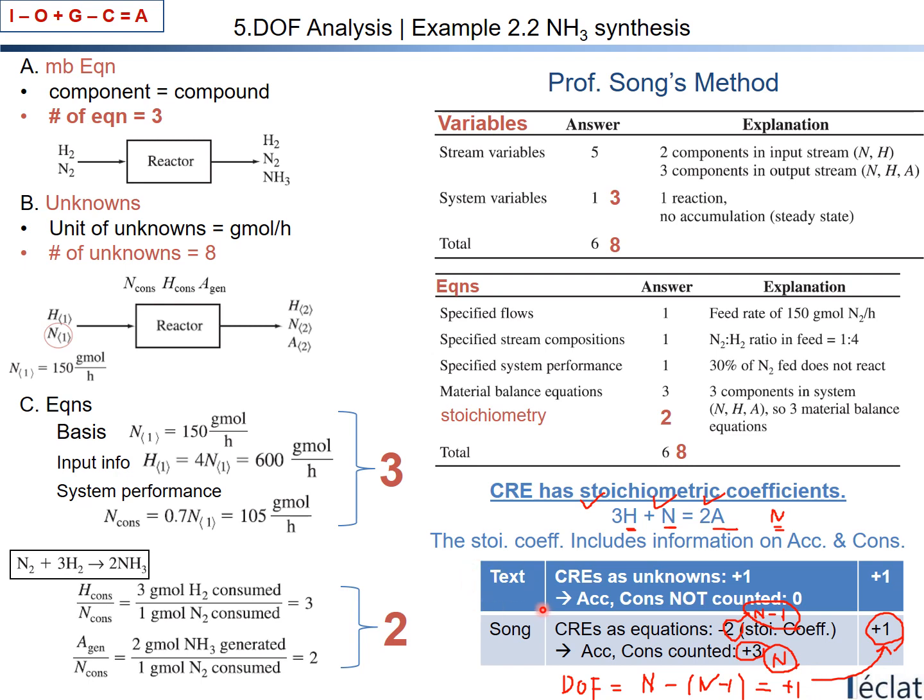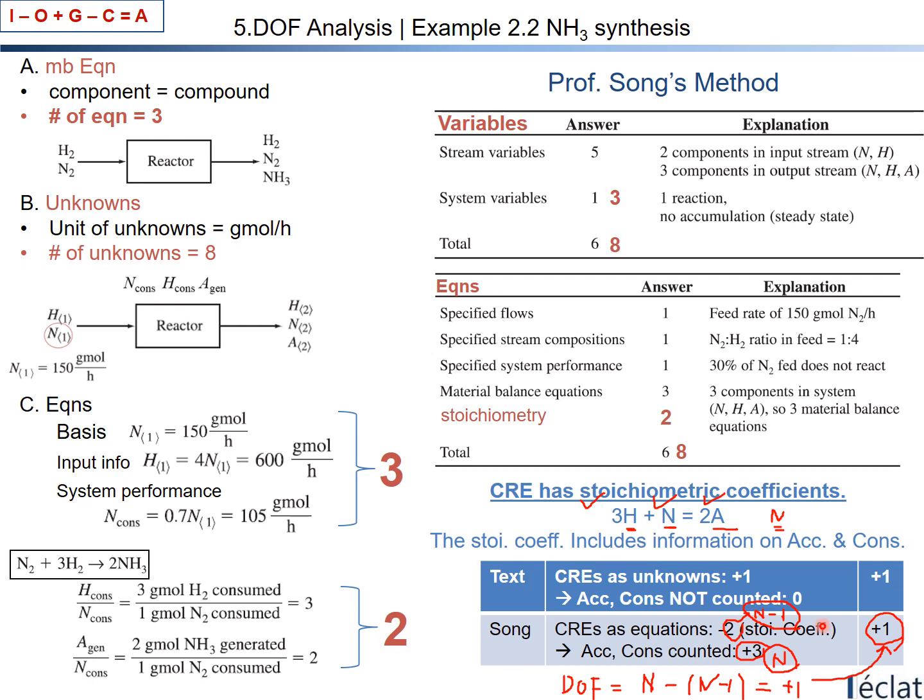So in the textbook method, without this kind of detailed consideration, the textbook method considers the chemical reaction equations as unknowns, just plus one. I mean the number of chemical reaction equations is the number of unknowns. In this case, you don't need to think about the accumulation term and the consumption terms. So actually, those two approaches are going to the same result.